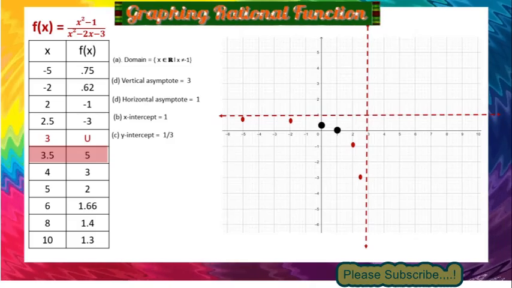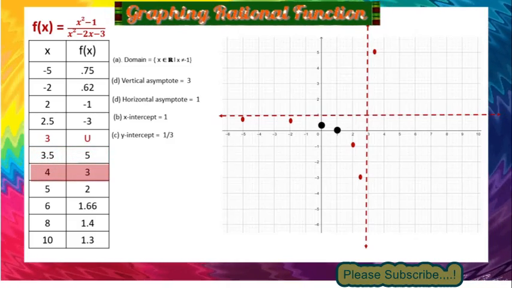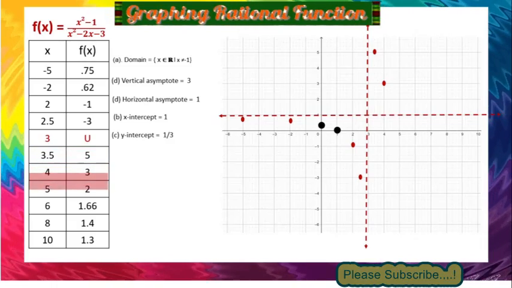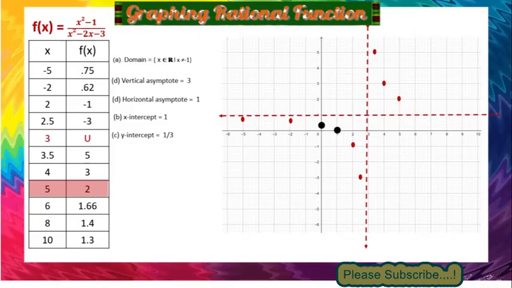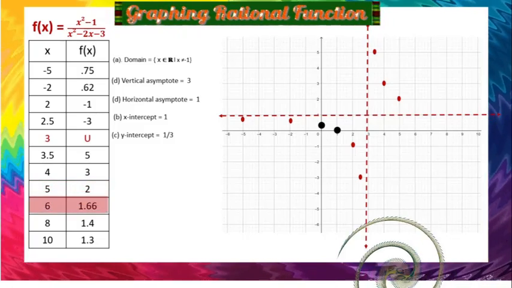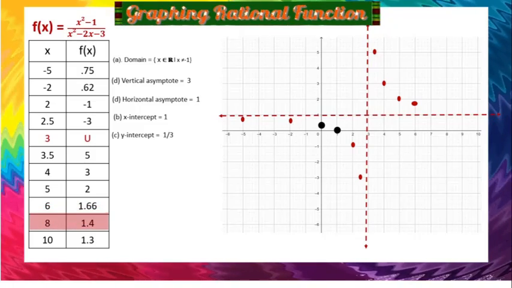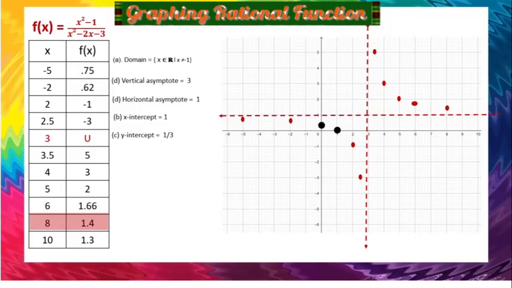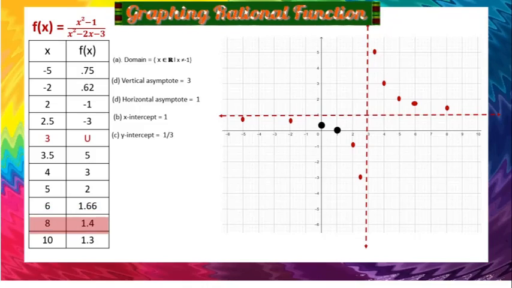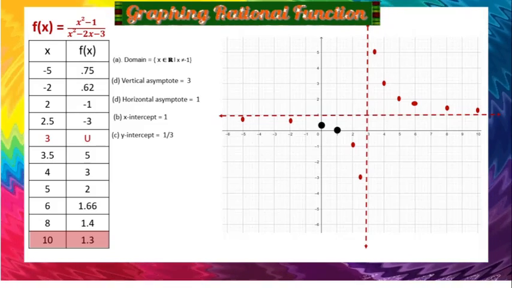The value of the function is 5. Then when 4, the value is 3. At 5, the value is 2. At 6, the value is 1.6. At 8, the value is 1.4. At 10, the value is 1.3. So to complete, we have to connect those points.